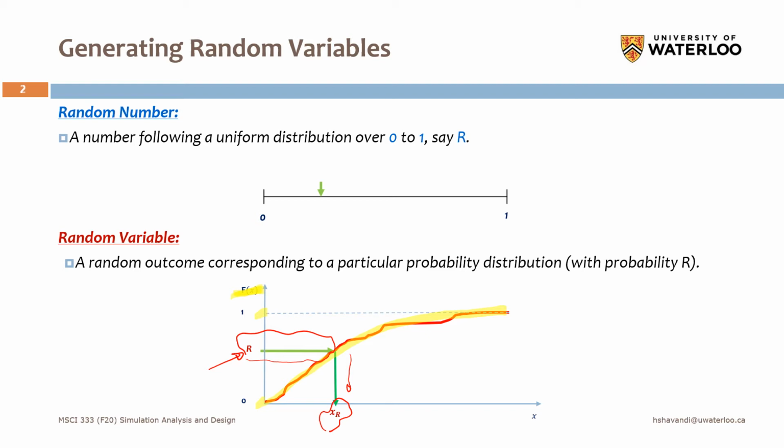So this is how we generate a random variable. At any time, we generate a random number r, and then we set that random number to be equal to the probability of that distribution, which is Fx, the CDF. Then by solving that equation for x, we can obtain the value of x, which will be a random variable.